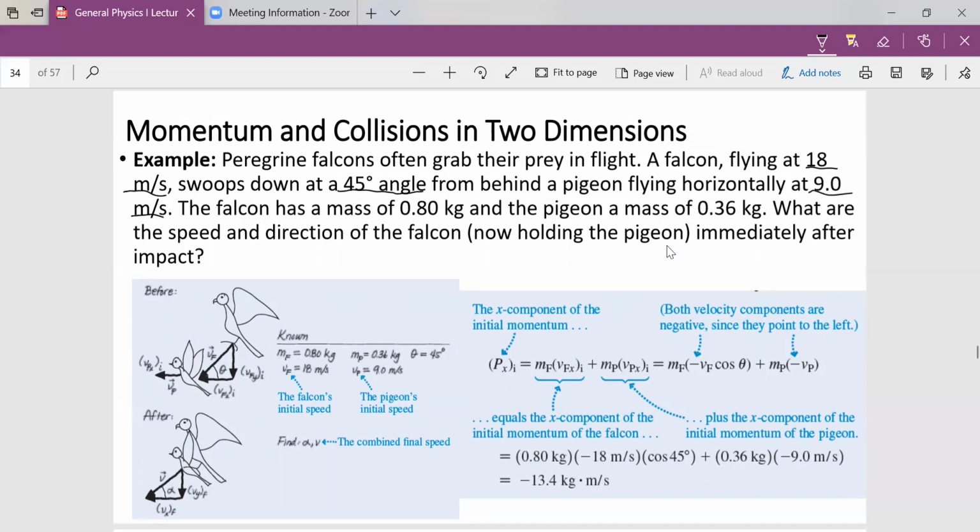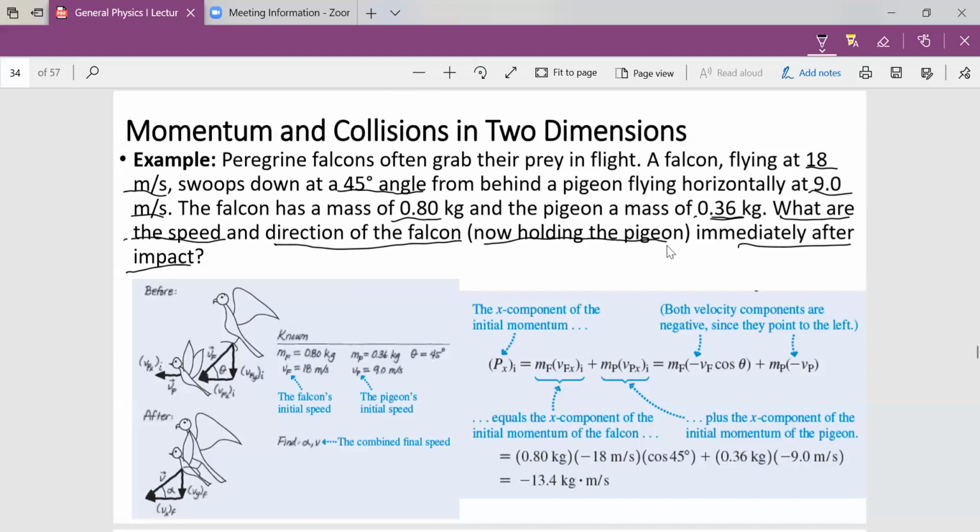The falcon has a mass of 0.8 kilogram and the pigeon has a mass of 0.36 kilogram. The question is, what are the speed and direction of the falcon when it is holding the pigeon immediately after the impact?